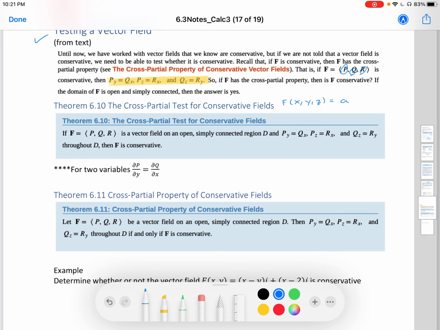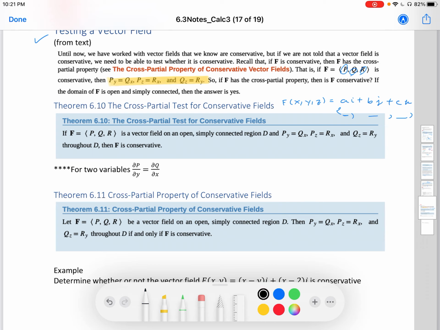That would be like, let's use a constant a, times i plus b times j plus z times k, or you can write it without i, j, k with the vector notation.